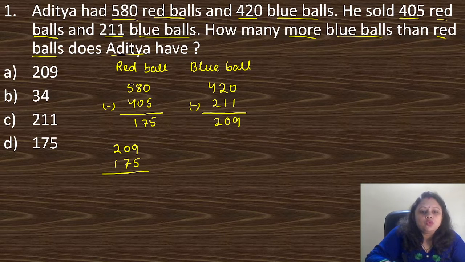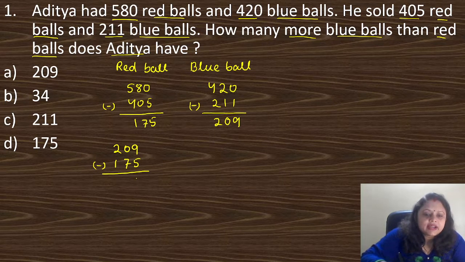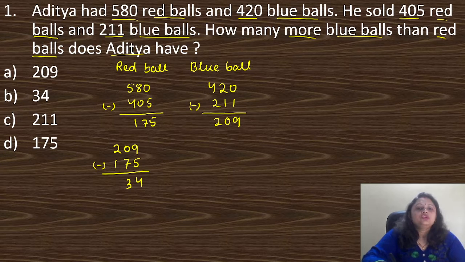So how many more blue balls are there? How will we get it? We have to subtract them. Then what is the answer? 9 minus 4 is 5, 0 minus 7... 10 minus 7 is 3, so 34. So Aditya has 34 more blue balls than red balls. Is it present in our options? Yes, it is present in option B.